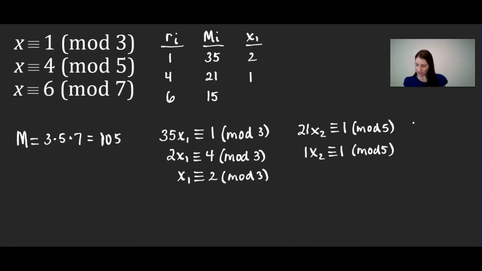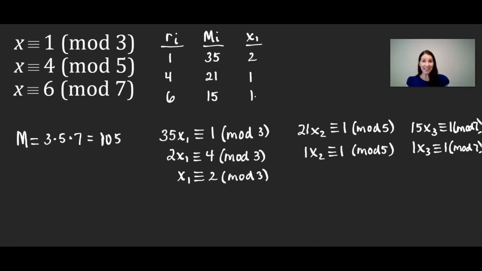And then for our last one, 15 x3 would be congruent to 1 in mod 7. As I subtract 7, we would have 1 x3 is congruent to 1 mod 7. So its multiplicative inverse is also 1.